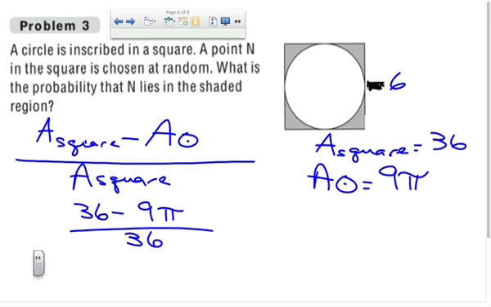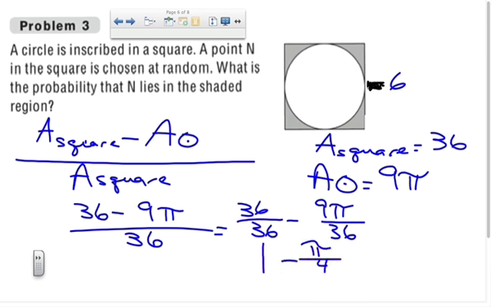So let's take this fraction and break it down into two pieces: 36 over 36 minus 9 pi over 36. You can do this with fractions as long as the subtraction is going on up top. If you've got subtraction on the bottom, you're not allowed. This becomes 1 minus pi over 4.